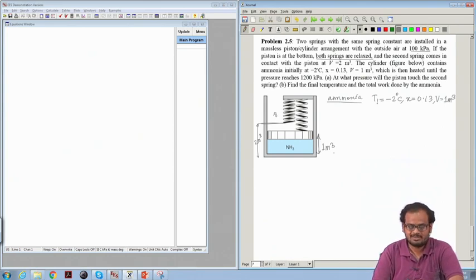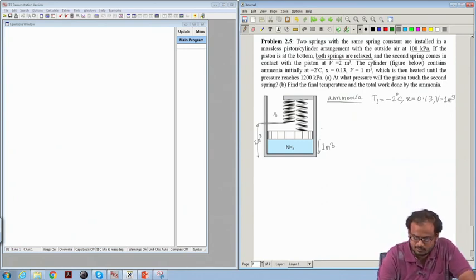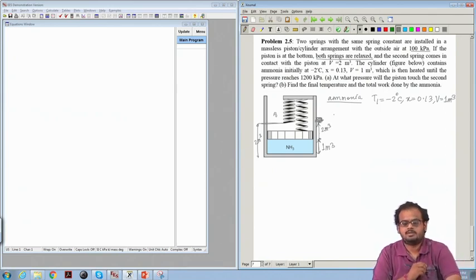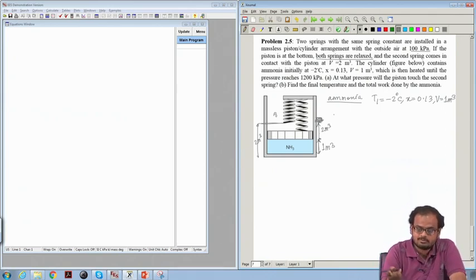Okay, no problem. See, here we are showing these discs and all with thickness, but it's okay. Actually this is the 1 meter cube, and then when this expands and the piston is like this, you reach the 2 meter cube. It is then when the second spring also comes into contact with the piston.